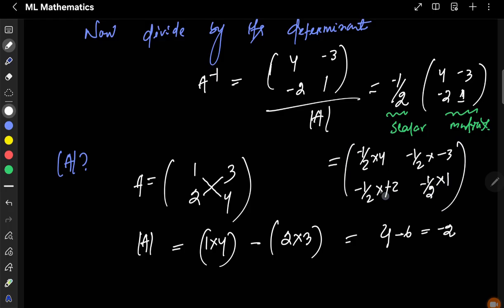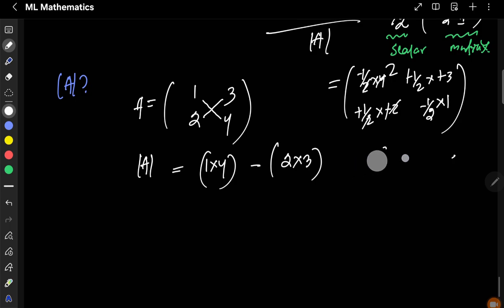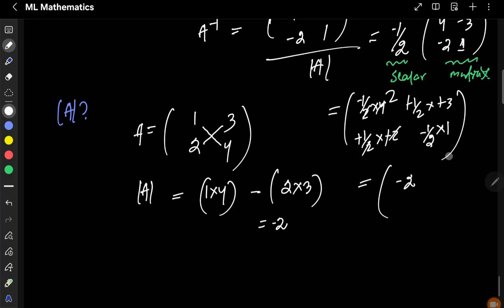If you do it properly, the sign becomes plus and the 2s cancel, giving minus 2, and 3 by 2, 1, and minus 1 by 2.